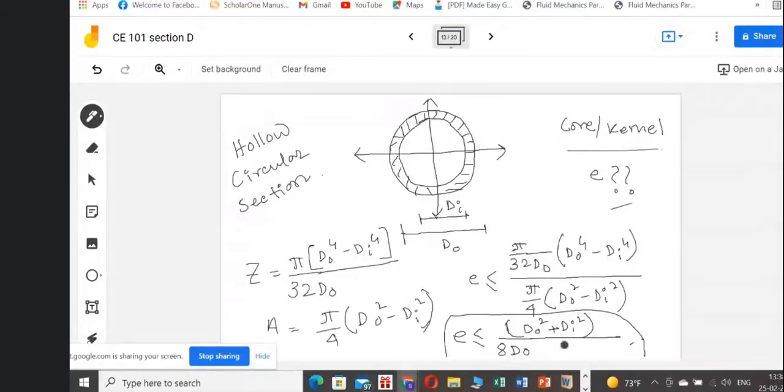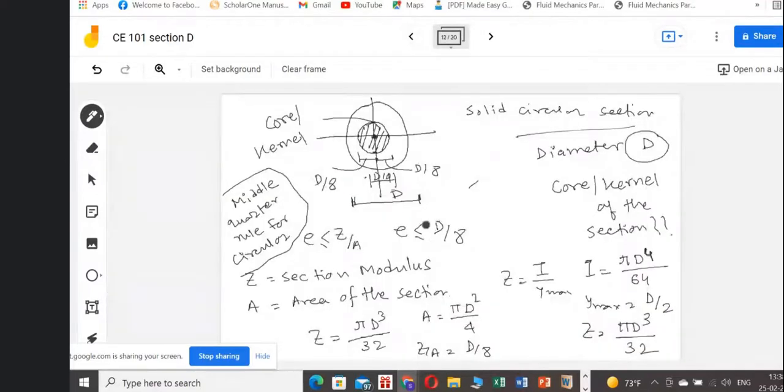Now if asked what is the diameter of the core section, what will you do? Multiply. What will be the diameter value?